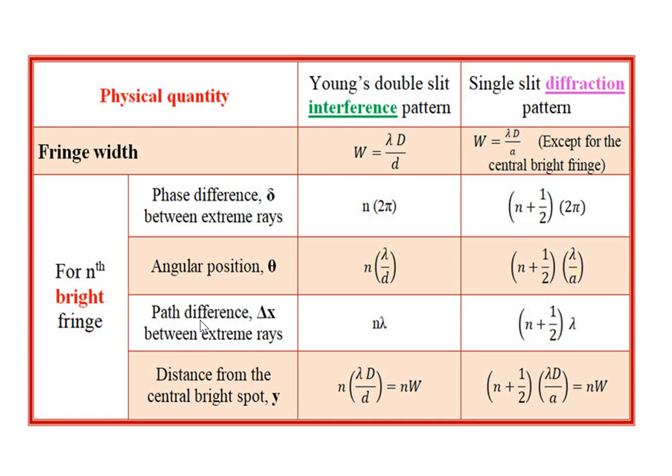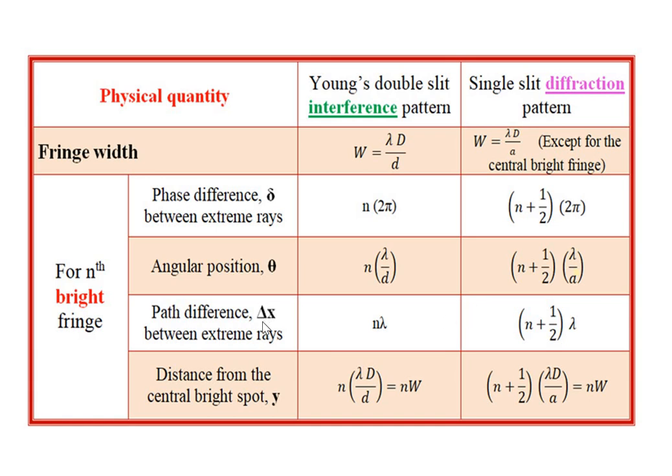For the phase difference delta, in Young's double slit the formula is n times 2 pi, and in single slit it is n plus 1/2 times 2 pi. In terms of angular position theta, in Young's double slit it is n times lambda divided by small d, and in single slit it is n plus 1/2 times lambda divided by small a.